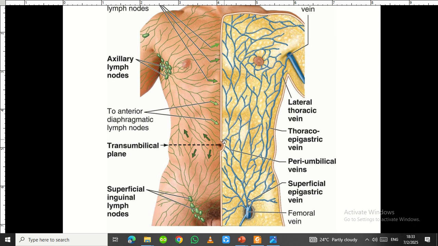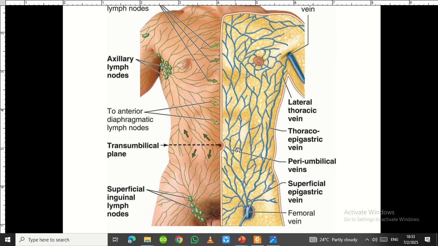So you have that blood coming from the para-umbilical vein, getting into the superficial epigastric veins, and then later draining into the lateral thoracic vein. And from the lateral thoracic vein, it gets to the axillary vein. From the axillary vein, subclavian vein, brachiocephalic vein, we go to the what? To the superior vena cava and back to the heart.